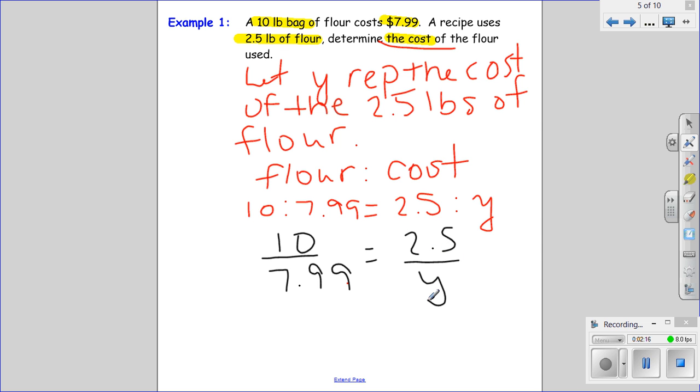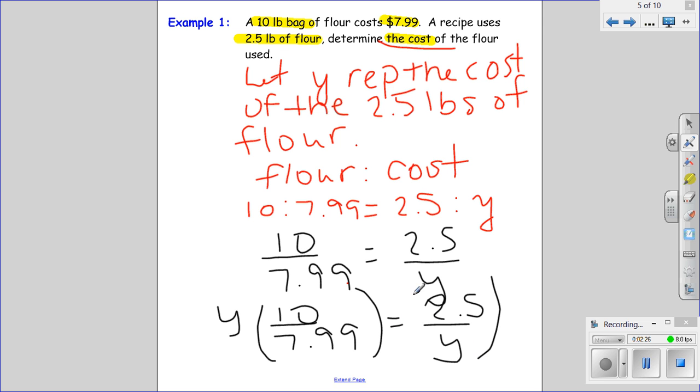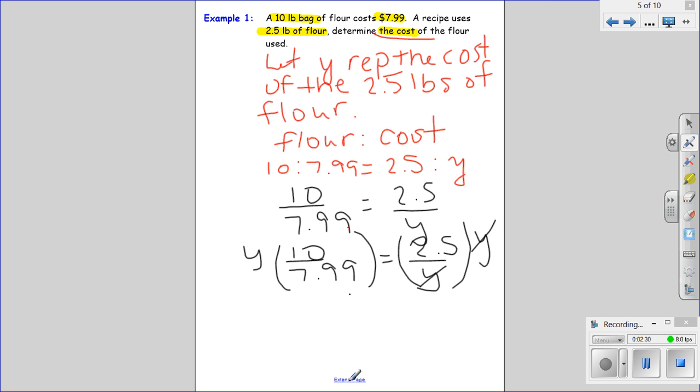We need to solve for y, so we're going to multiply both sides by y to get it out of the denominator, because we can't get y by itself if it's in the denominator, and the y's reduce. So we have 10y over 7.99 is equal to 2.5.